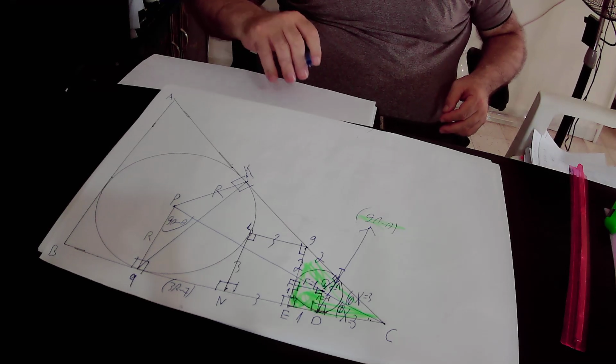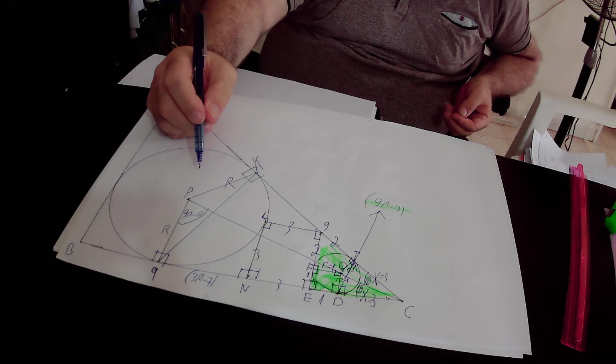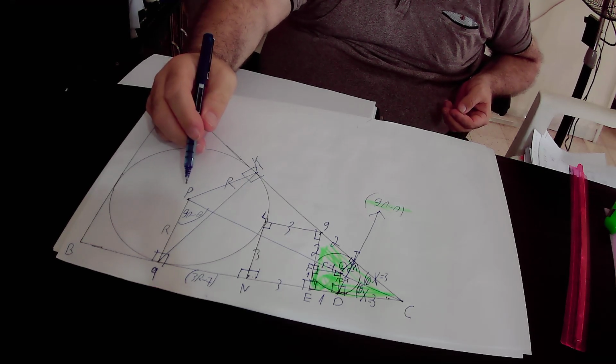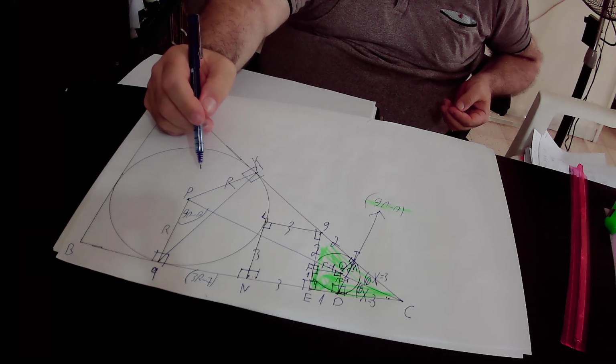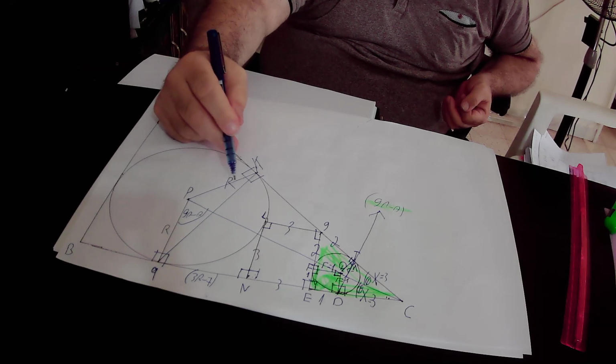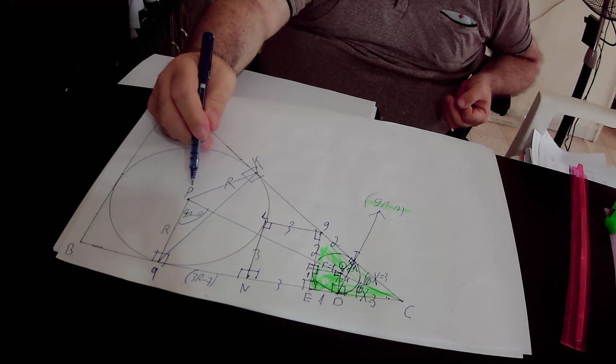The radius of this big circle could be less than 3 units. This is the first possibility. The radius of this big circle could be exactly 3 units. And the radius of this big circle could be greater than 3 units.